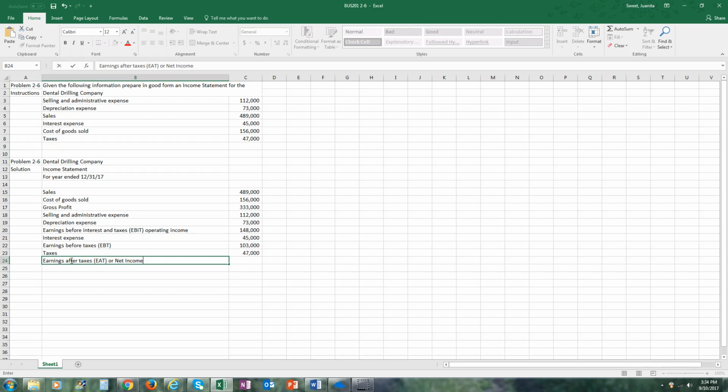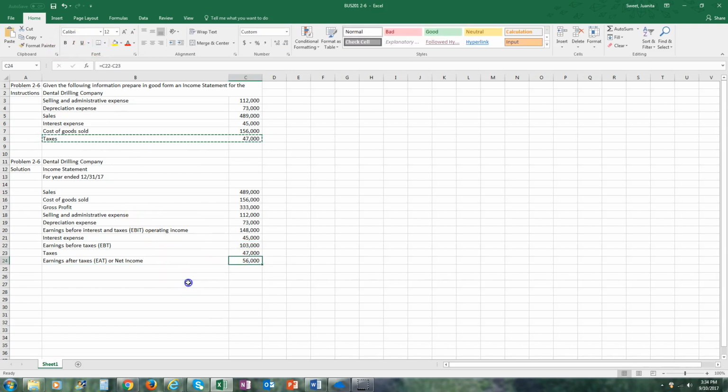And I wish I could type. So this is a simple, basic income statement, but this frame that you see right here, you're going to use over and over in business finance, so it's a good idea just to memorize the relationships here.